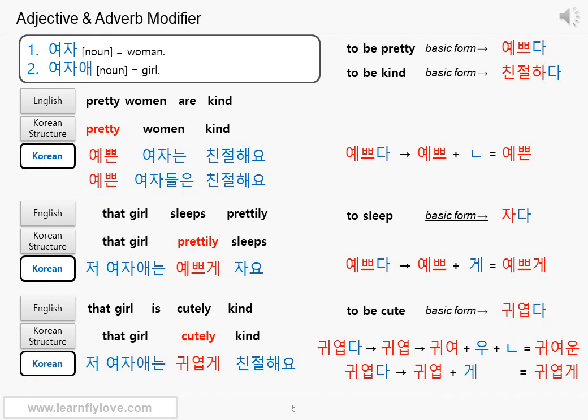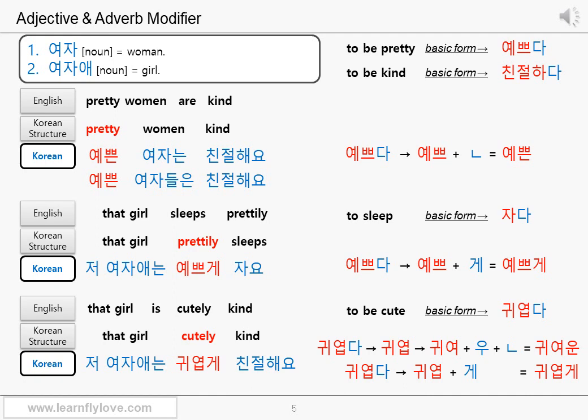We told you that this is a kind of an irregular conjugation. So you need to get rid of this b consonant first and add u plus n consonant, which forms un. So it becomes 귀여운. But we need an adverb, not adjective.